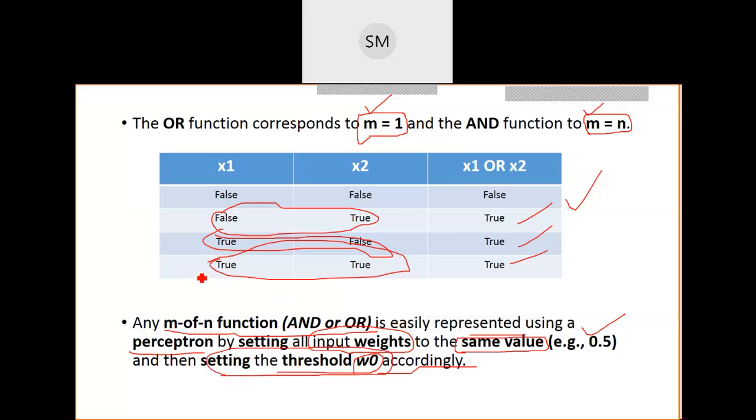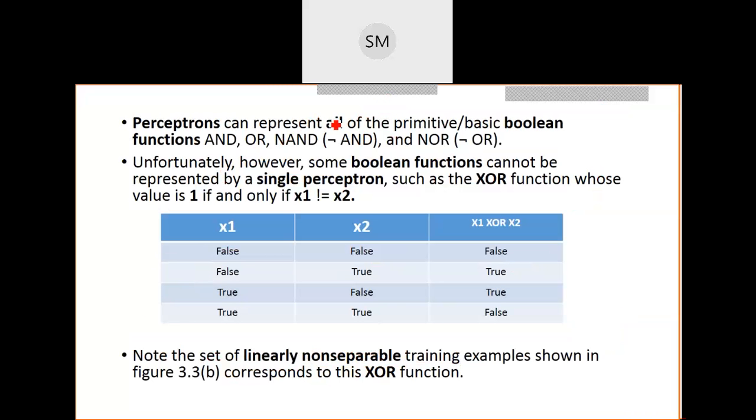See, this perceptron can represent in fact all basic or primitive Boolean functions like AND, OR, and NOT. Just now we have shown you how to represent the AND and how to represent the OR. Similarly, perceptrons can be used to represent NAND also and NOR also.